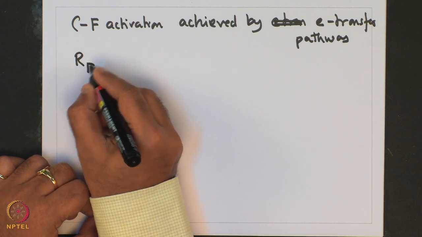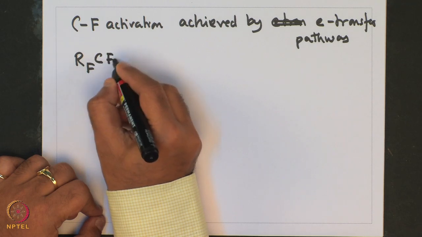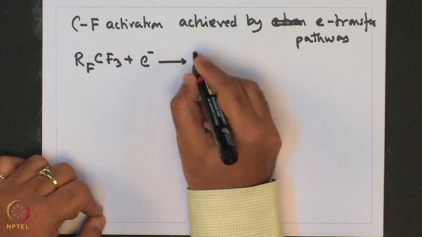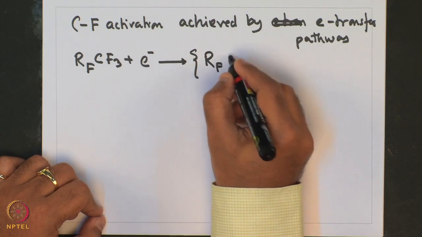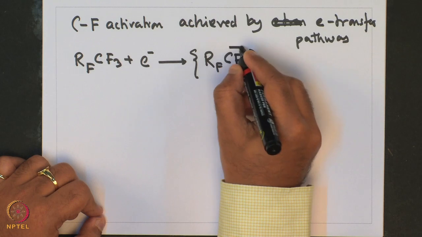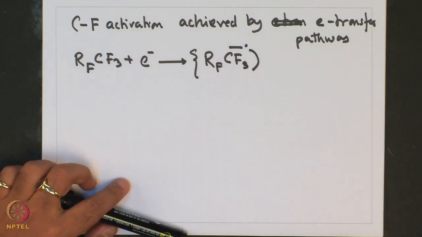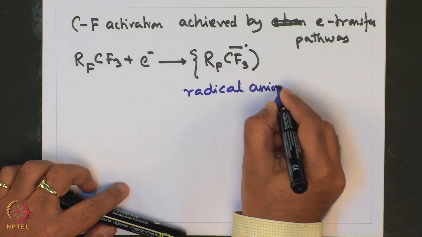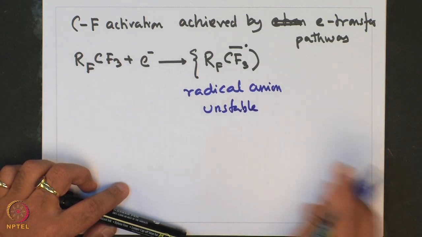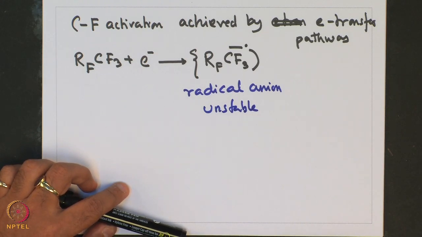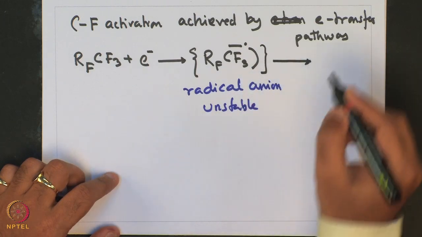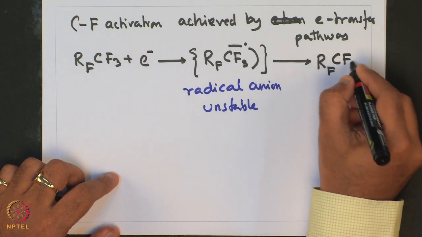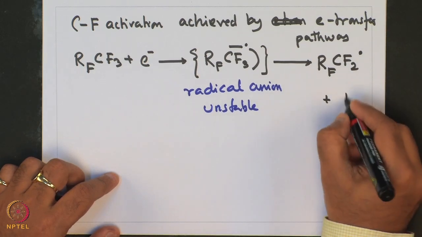For example, for this perfluoroalkyl compound RFCF3, to which an electron is added to produce this radical anion, this is a radical anion and hence unstable, and it releases a fluoride anion to give RFCF2 radical and an anion, F minus.